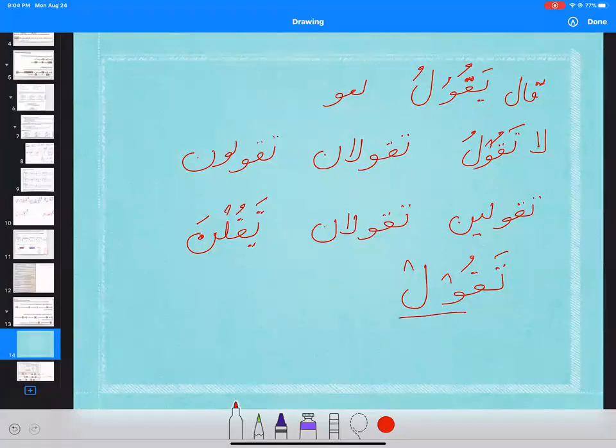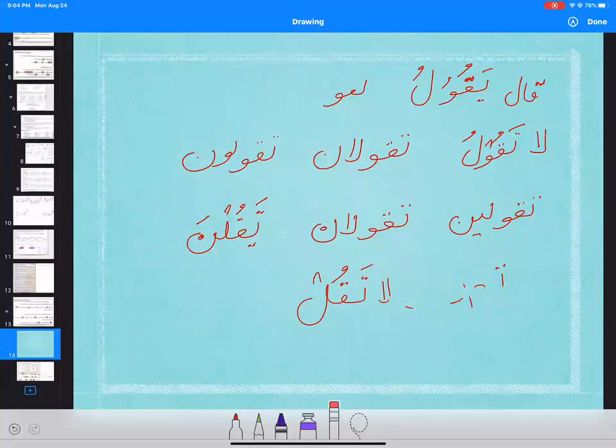We have two sukoons. What did we learn about two sukoons? Whenever we have two sukoons, we need to drop one, because in Arabic grammar, two sukoons cannot exist together. So we need to drop this waw over here. And now what do we have? Taqul. So la taqul. You should not say, or you don't say.